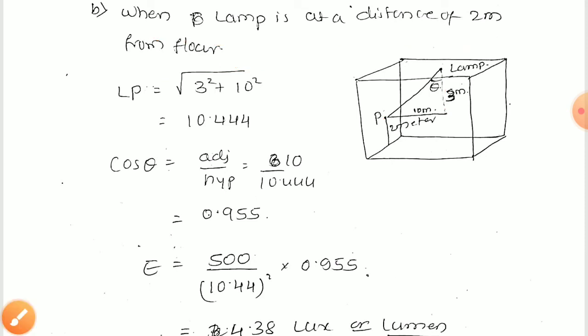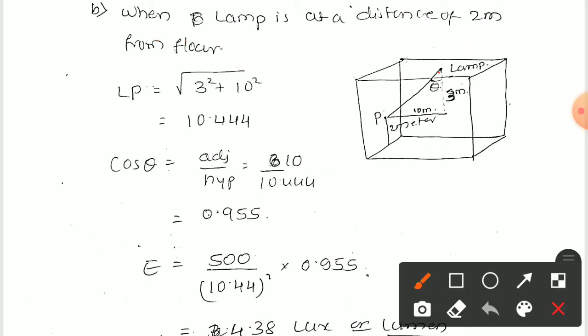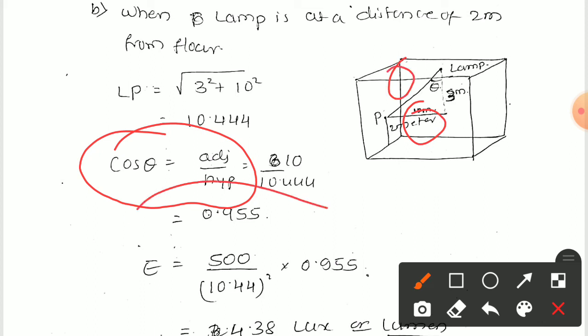You have to first calculate the distance LP, the distance between the lamp and P here. Once again using the Pythagoras theorem, LP is the square root of 3 square plus 10 square, so you will get 10.44 as the distance from the lamp to P. Once again using the illumination formula, cos theta is equal to adjacent divided by hypotenuse, which is 10 divided by 10.44. Substitute and you will get cos theta.